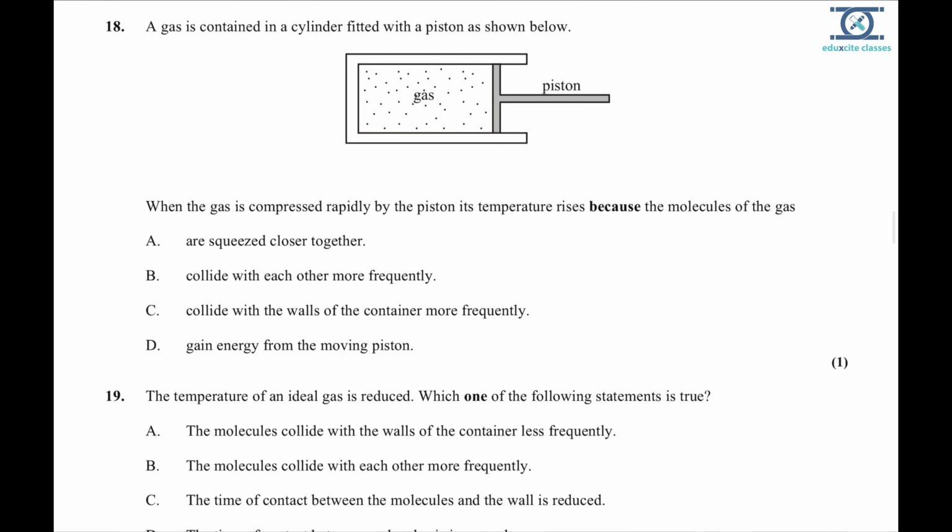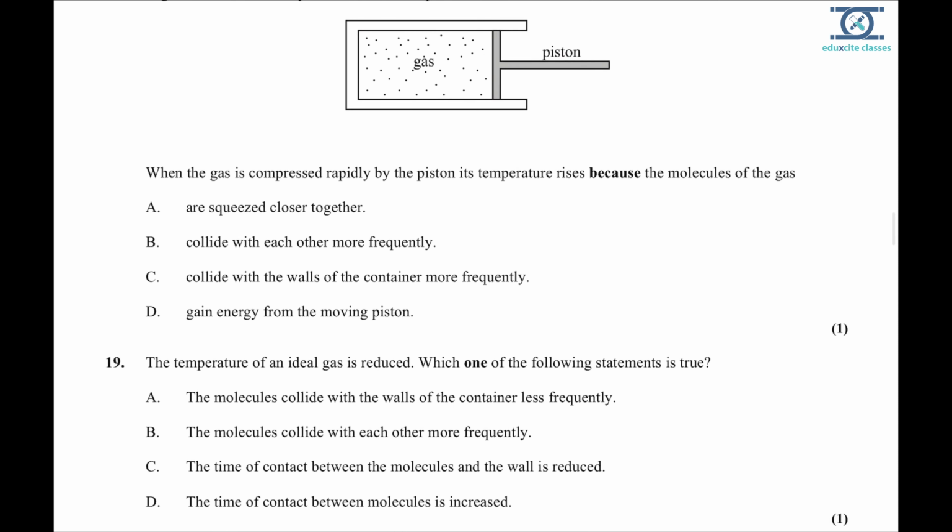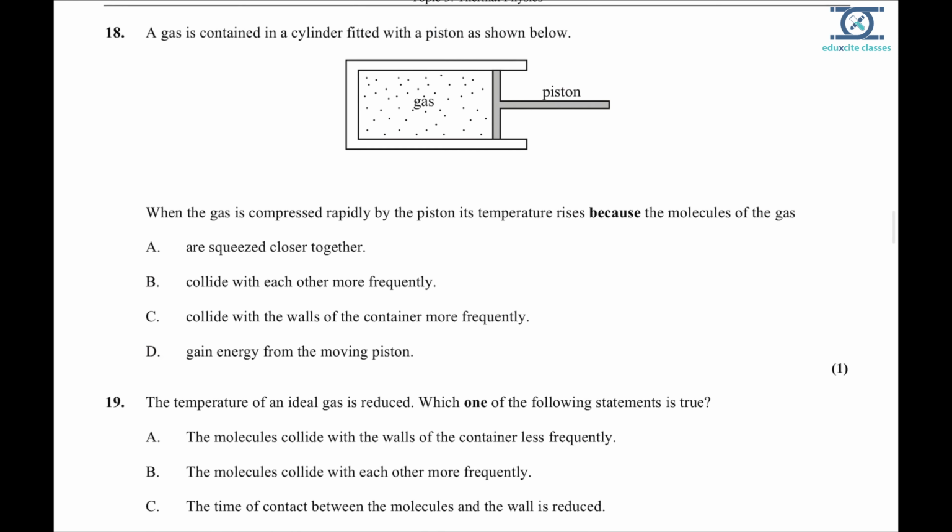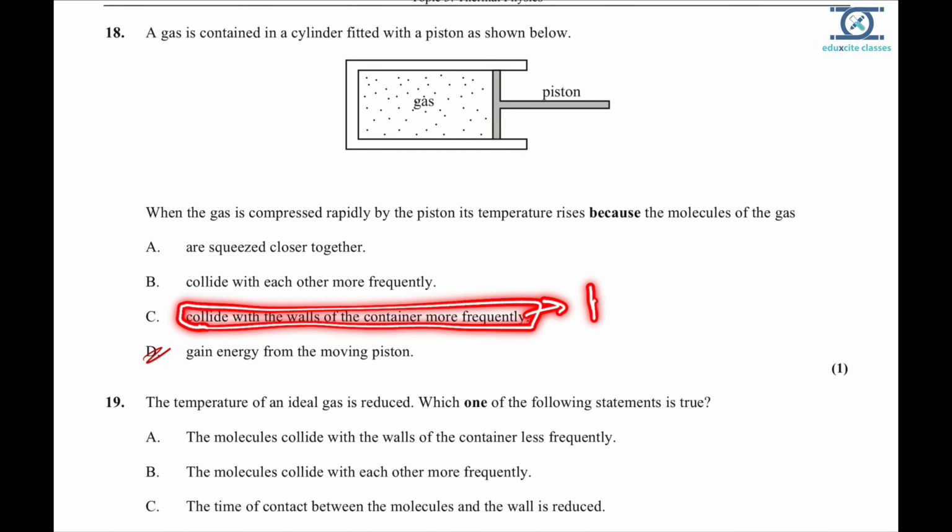Now question number 18. When the gas is compressed rapidly by the piston, its temperature rises because the molecules of the gas... Now you can see here, if I rapidly compress the piston, there will be a rise in the temperature, and this rise in the temperature is because of the gain in energy from the moving piston. Option D: collide with the walls of the container more frequently, that will increase the pressure.